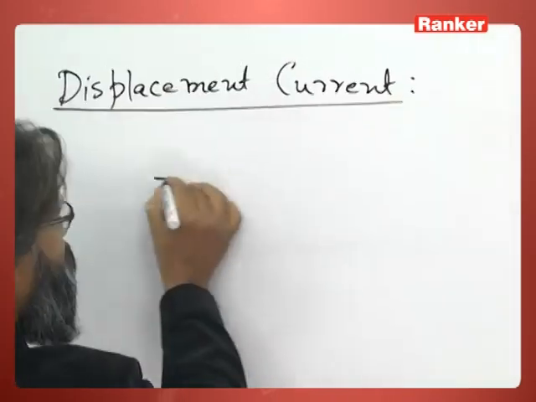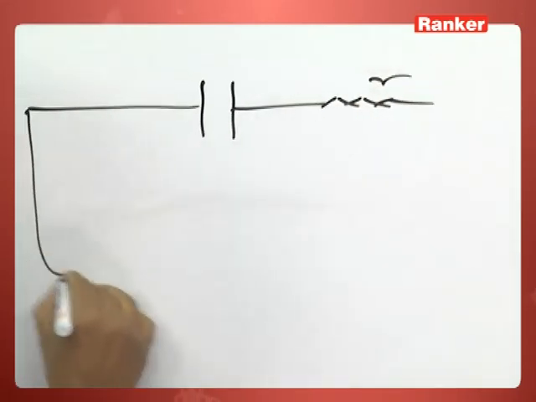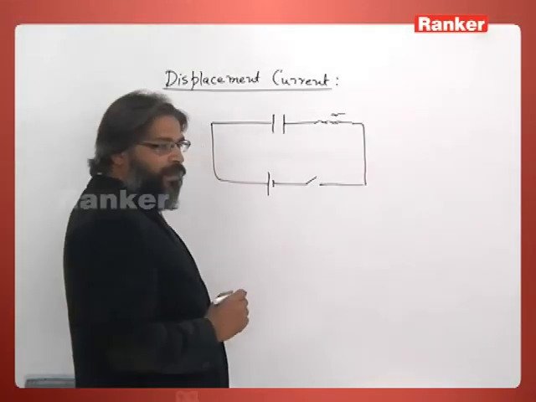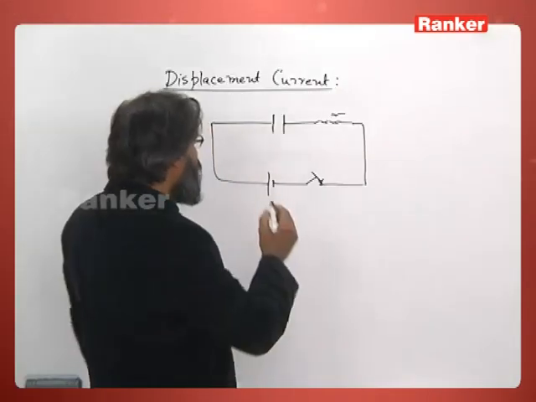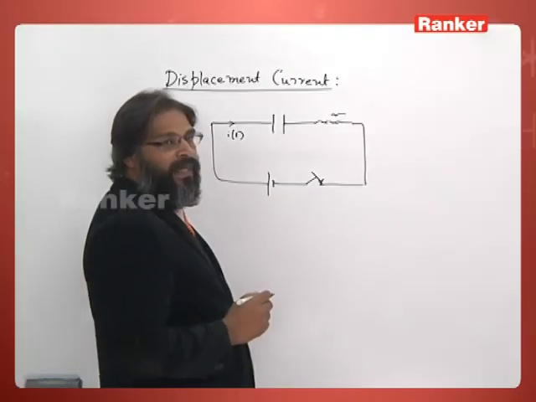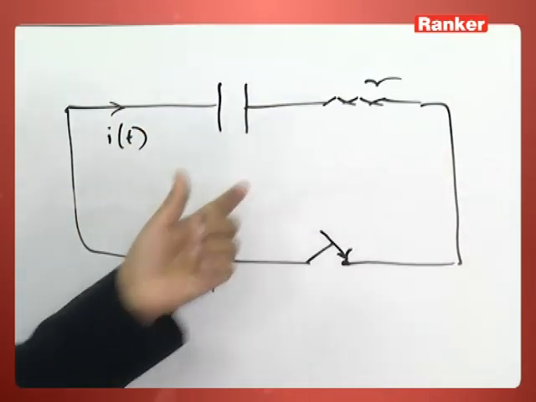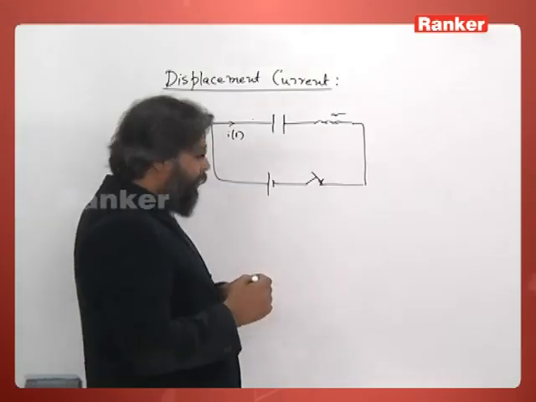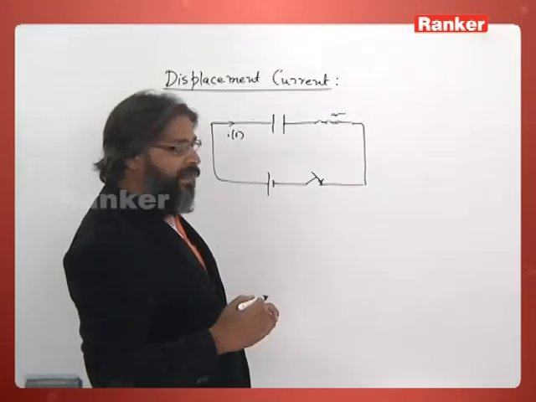So suppose this is my capacitor and this is charged, or we may discharge it through a resistor. When we press the key, the current begins to grow, current increases with time and the capacitor gets charged. So during charging, how the magnetic field will be built up in this region and this region we will study. We will apply Ampere's law on the current, that is time varying current.